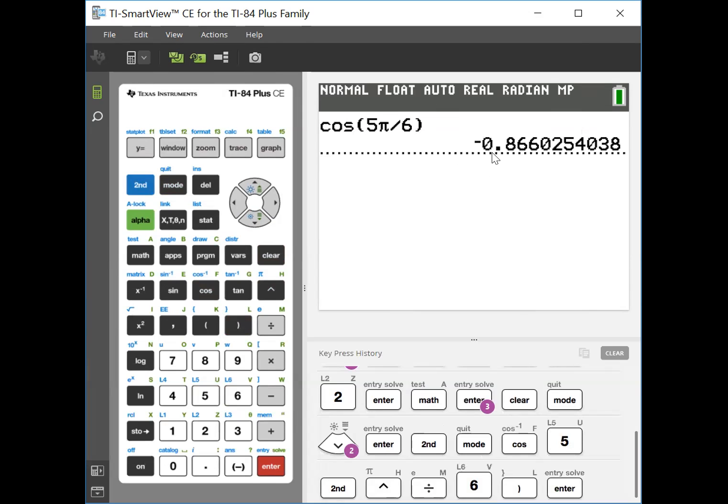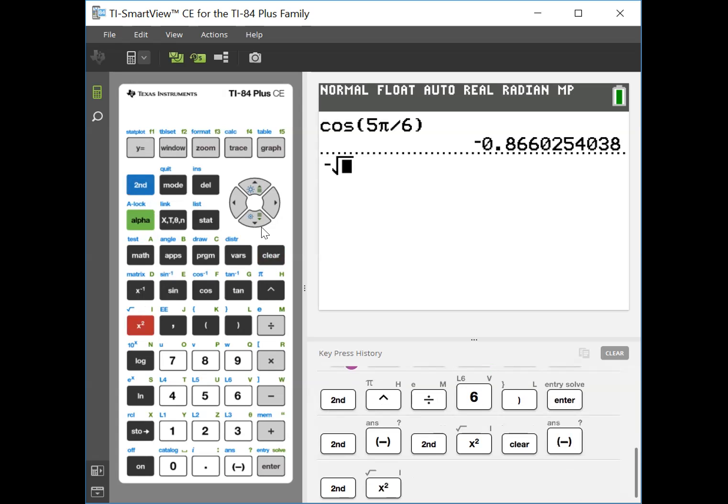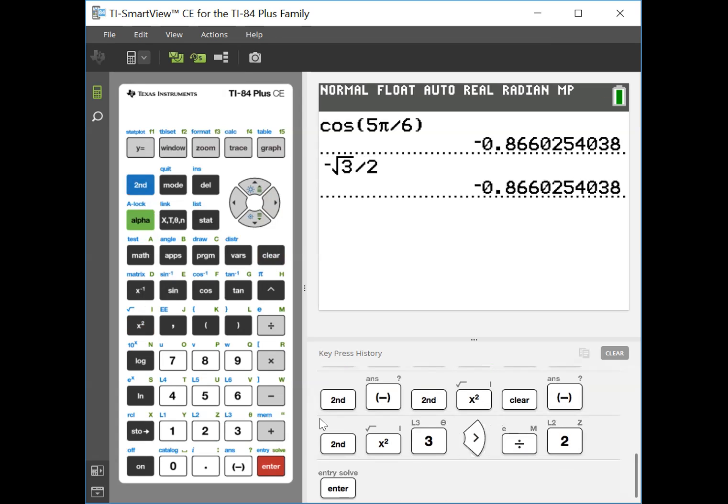It's going to give us a decimal because remember we got the answer negative root 3 over 2. I'm just going to do negative root 3 over 2 and show you that it's equivalent. The only downside is it gives it to you in a decimal and not the root form. So you would have to do the root form by using this unit circle.